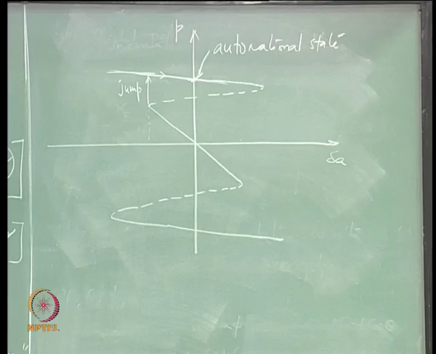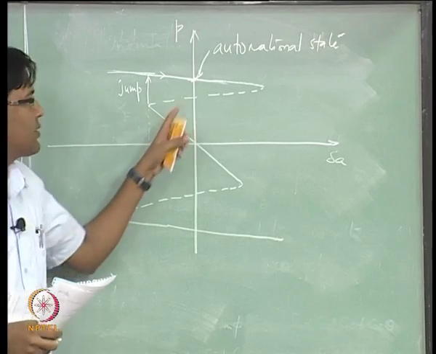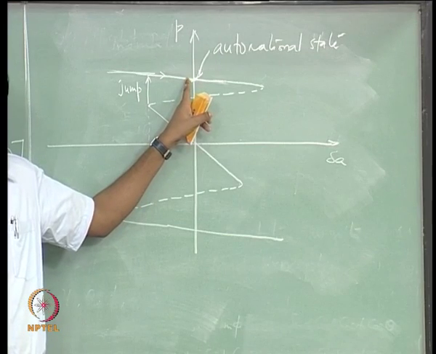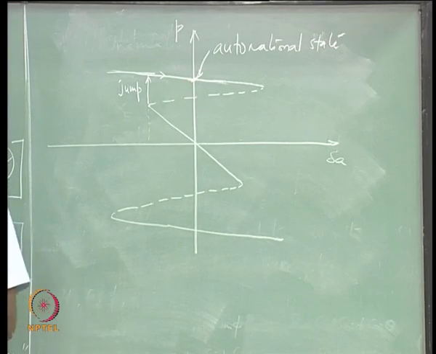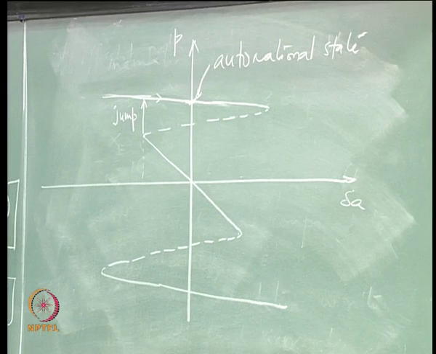I have brought my aileron back to the neutral level, but still I am having a positive roll rate, and that is like auto rotation, because that is unintended.